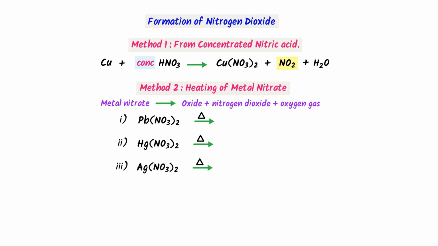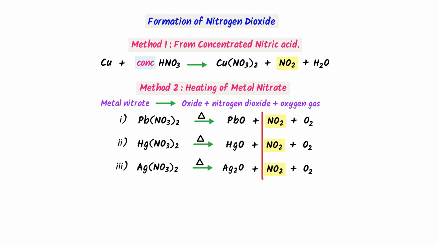According to the rule, when lead nitrate is heated, we get lead oxide plus nitrogen dioxide plus oxygen gas. Similarly, when mercury nitrate is heated, we get mercury oxide plus nitrogen dioxide plus oxygen gas. Also, when we heat silver nitrate, we get silver oxide plus nitrogen dioxide plus oxygen gas. Thus remember that nitrogen dioxide gas is produced when heavy metal nitrates are heated.